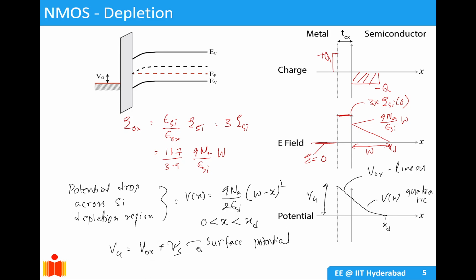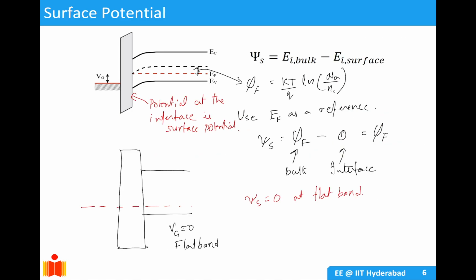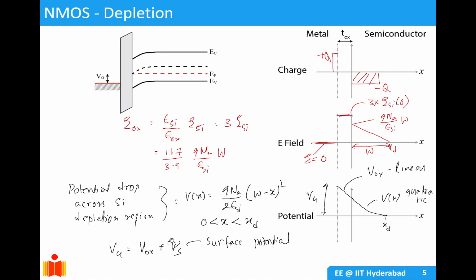So psi s is called the surface potential, which is the change in potential in the semiconductor region. So your net is Vg equals Vox plus psi s, where Vox is the potential drop in the oxide and psi s is the potential drop in the semiconductor.